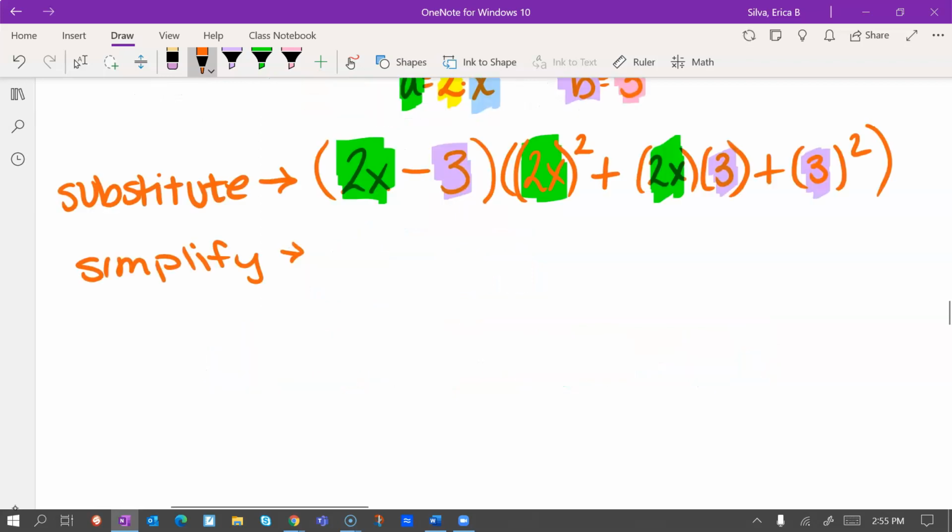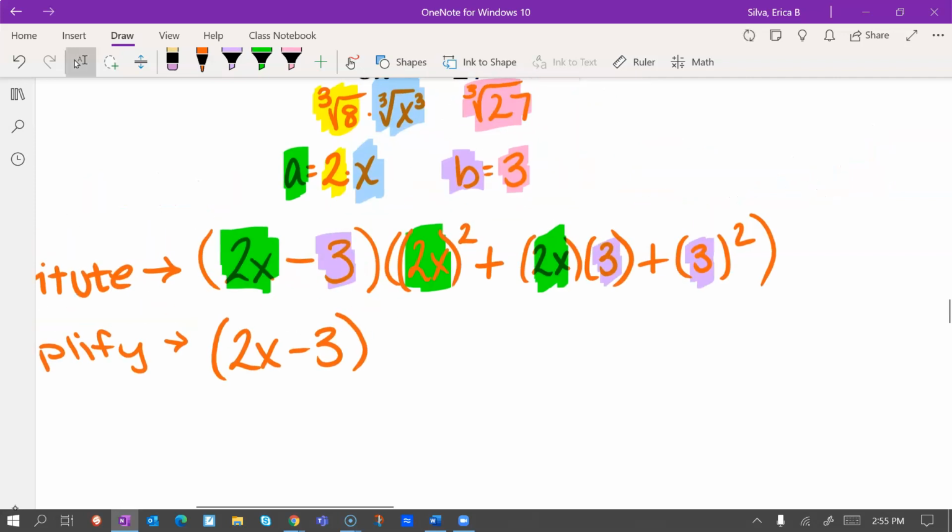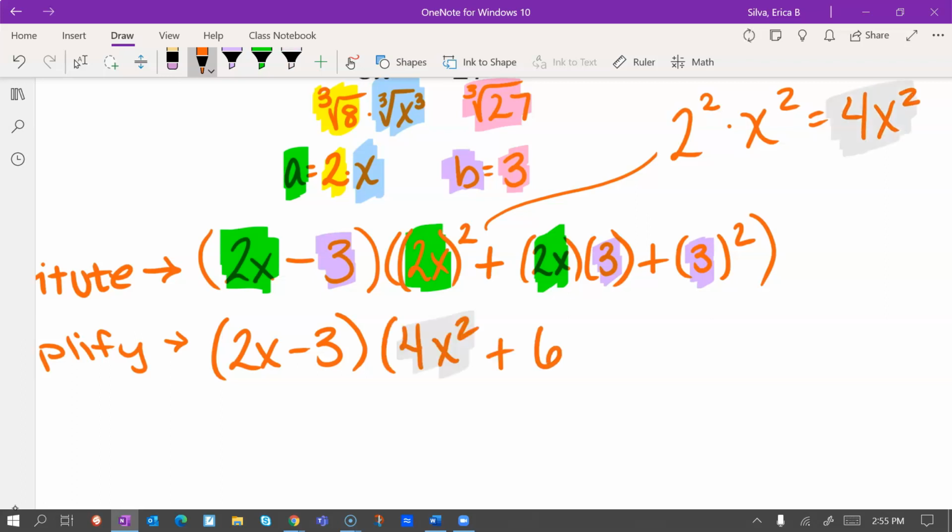So after we substitute, the 2x minus 3 just stays as 2x minus 3. Remember this 2x squared? That's like 2 squared times x squared, which gives us 4x squared. And then we have 6x plus 3 times 3 is 9.